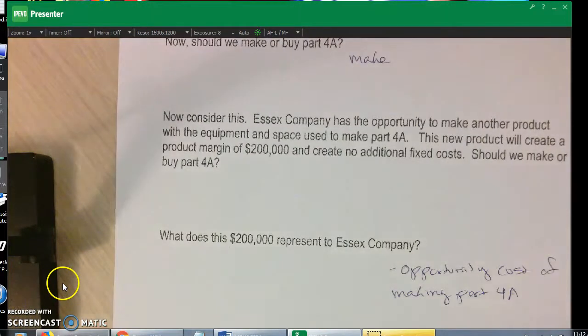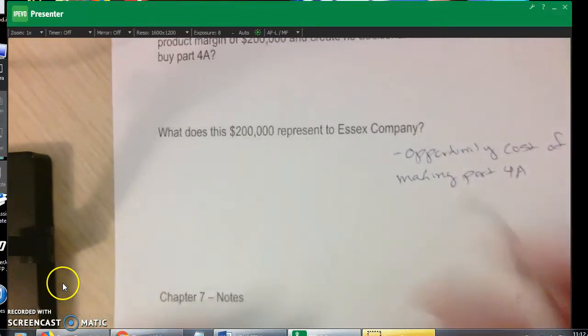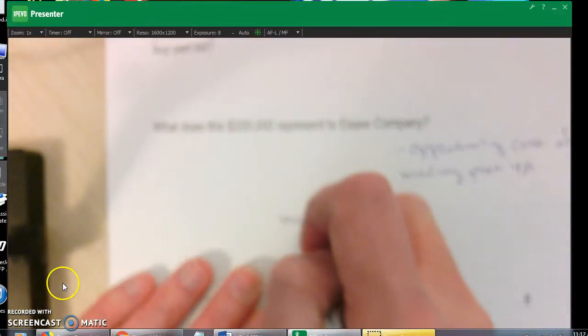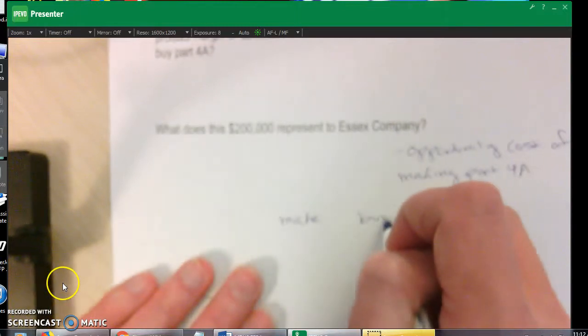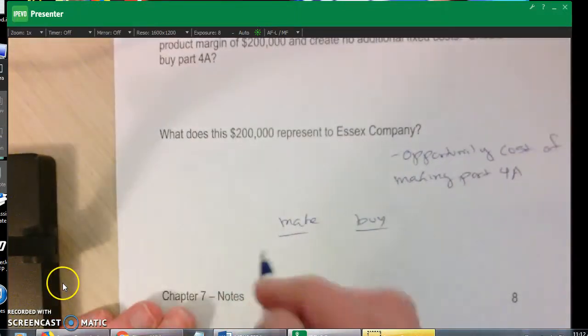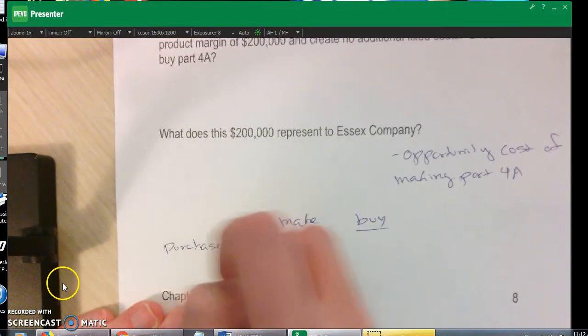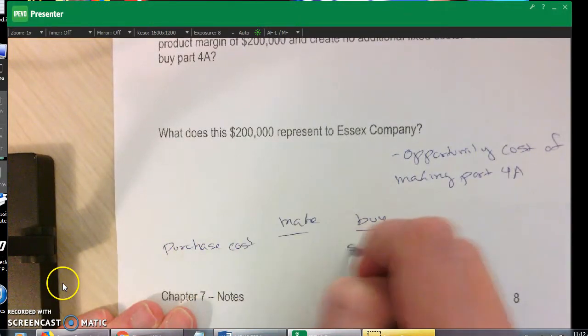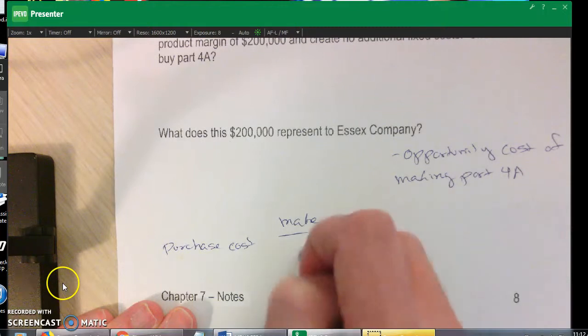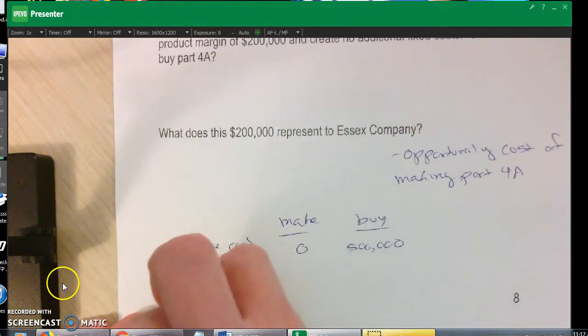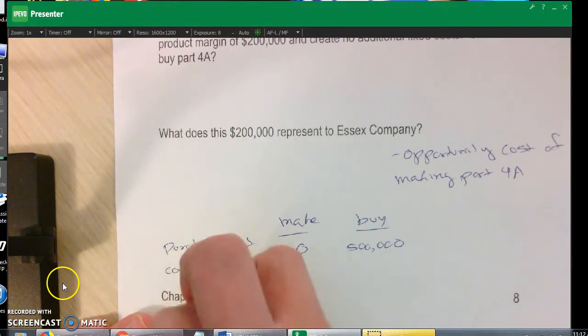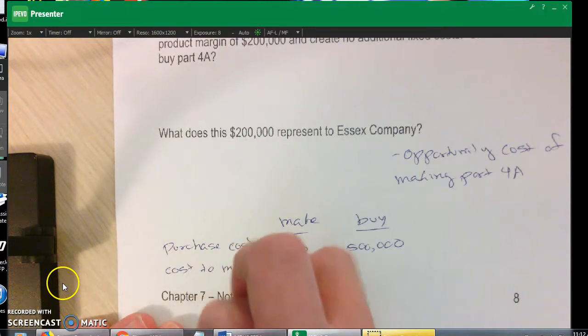And so now I'm going to come down here and redo my table at a summary level. So I'll do my make-buy table that I did earlier, and I'll say purchase cost, remember, was our $500,000, and of course that would be zero under make. And then we can say cost to make, which we can look back up here, remember is $340.